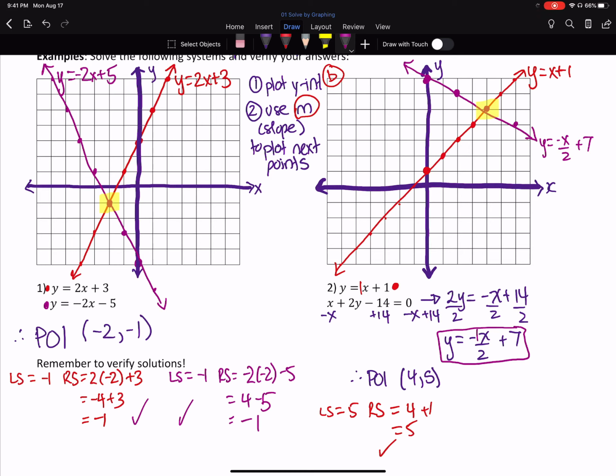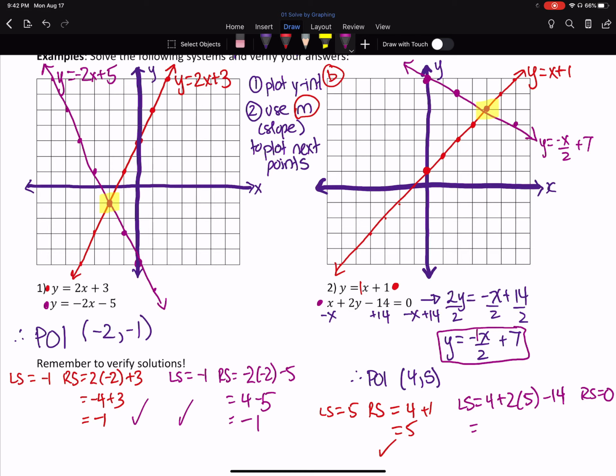I'm actually going to use the original equation to check, just to show that it doesn't matter which one you use. If you use the other one, you should get the same on each side. So the left side is x, which is 4, plus 2y, which is 5, minus 14. And my right side should give me 0.